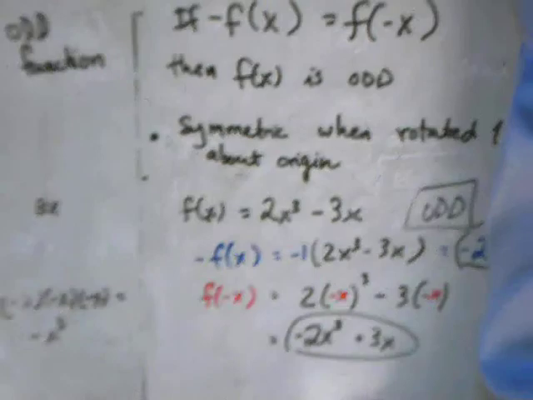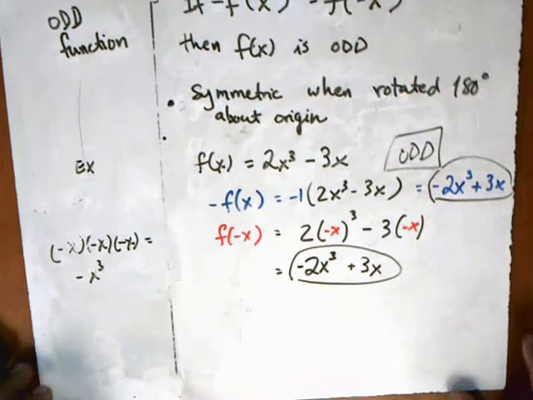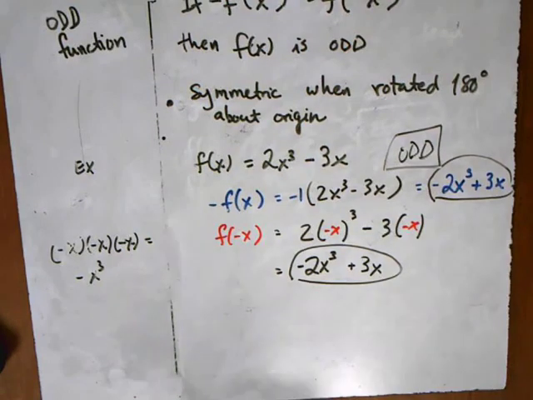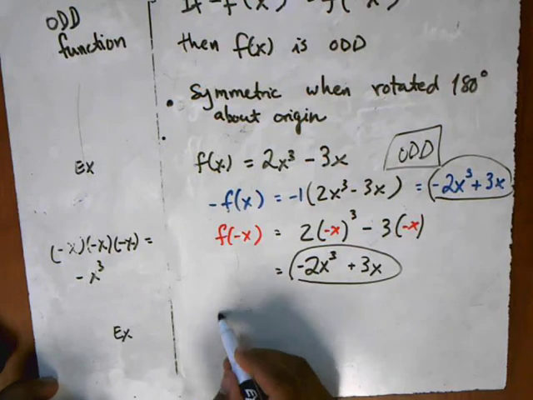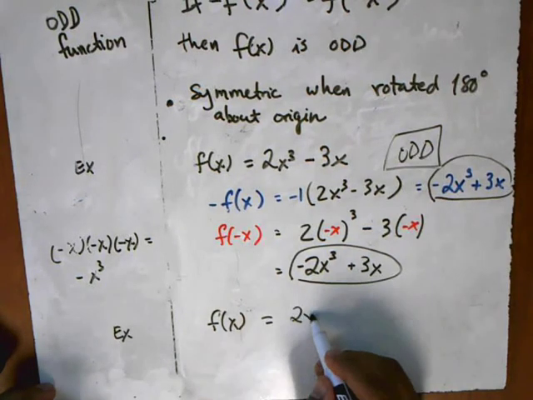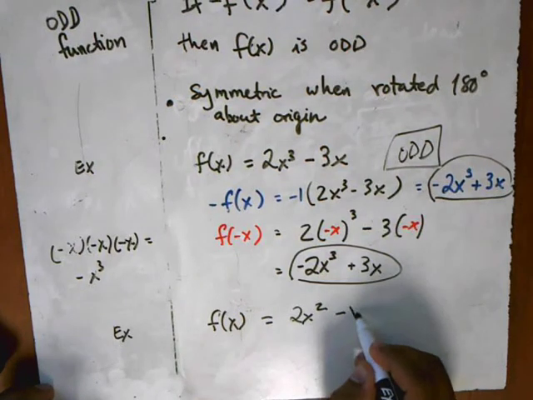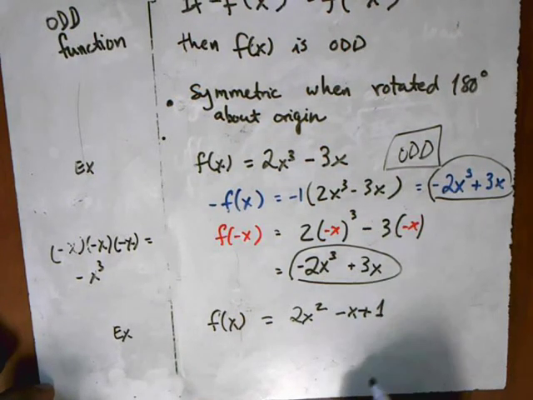Now a function could be even, odd, or neither. Because we have a little bit of time here, let's look at another one. How about f of x is equal to 2x squared minus x plus 1?